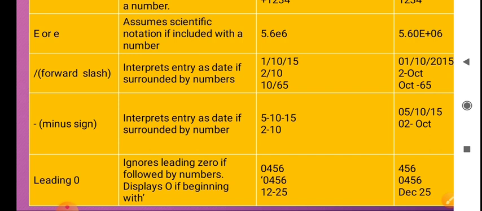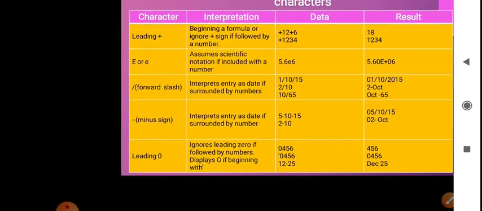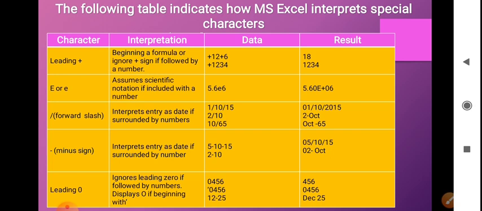And display 0 if beginning with 12-25. So 12 means that is a month, so December 25. This is only for your knowledge.